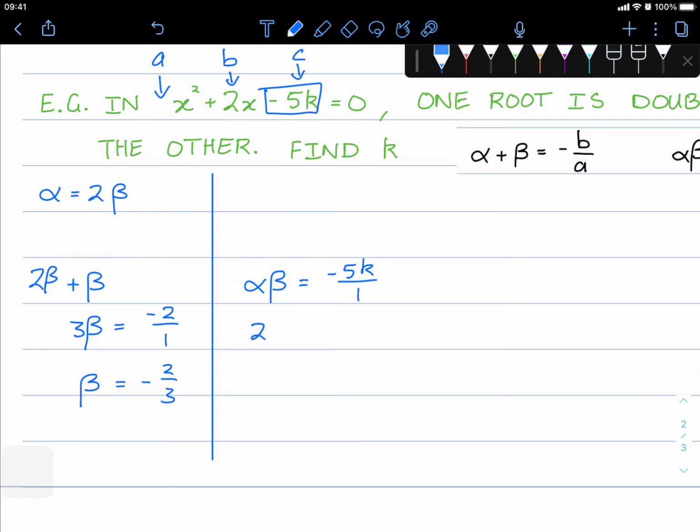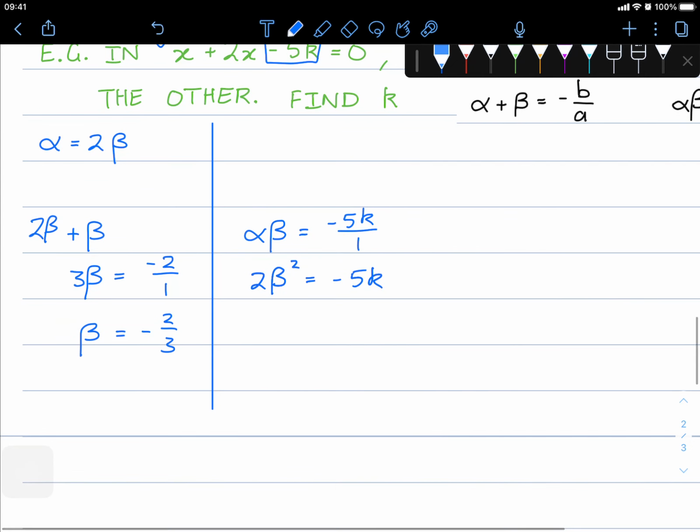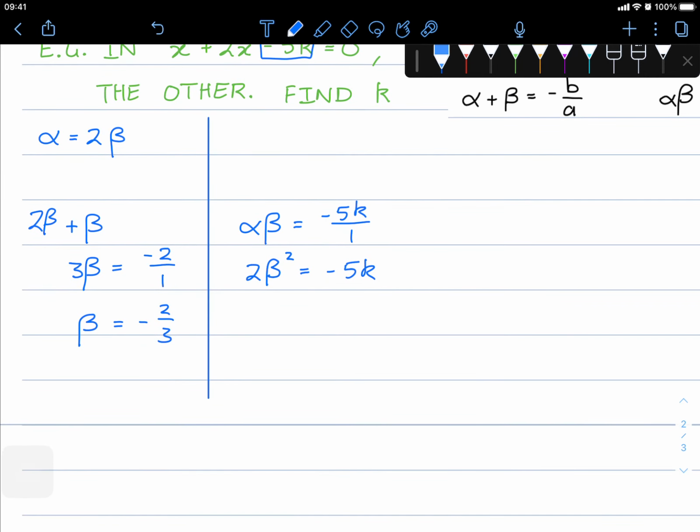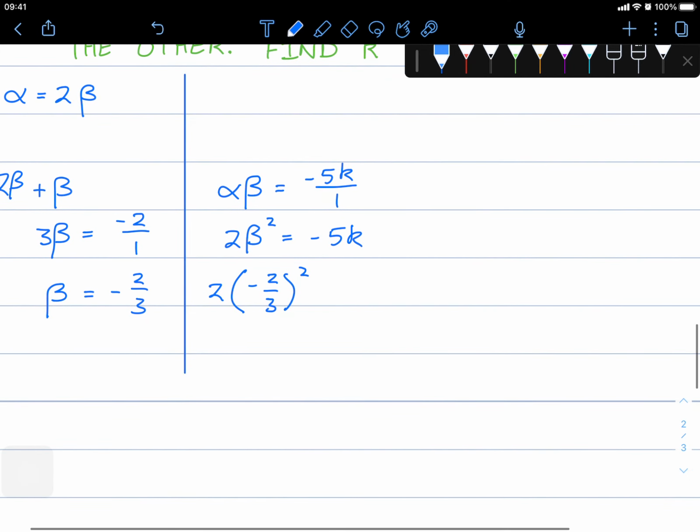So this is going to be 2 beta squared is equal to negative 5k. We're going to substitute this value for beta. So 2 times negative 2 on 3 whole squared. Expanding this, we get 2 times 4 over 9 is equal to negative 5k.